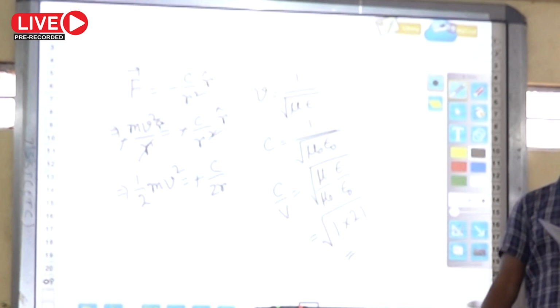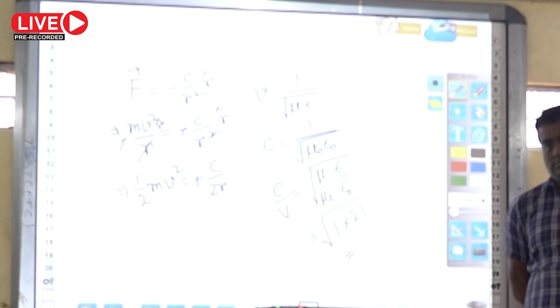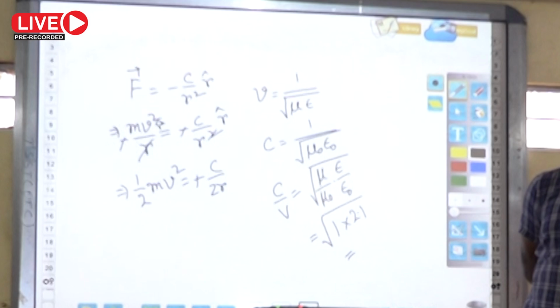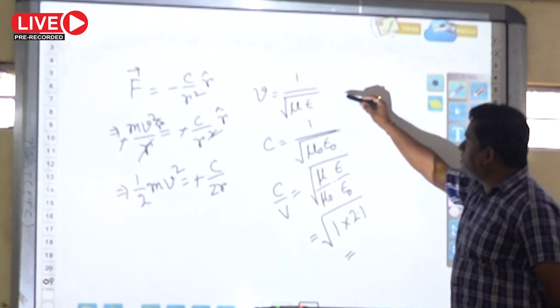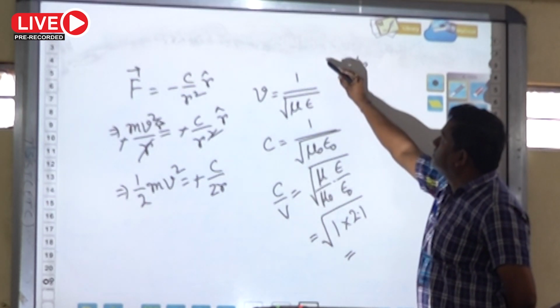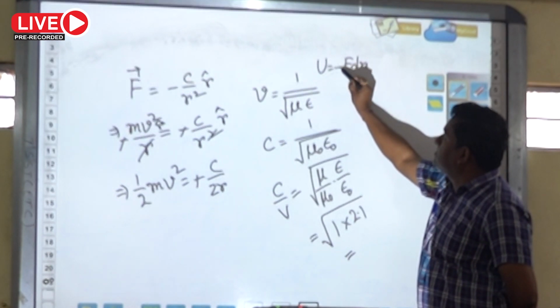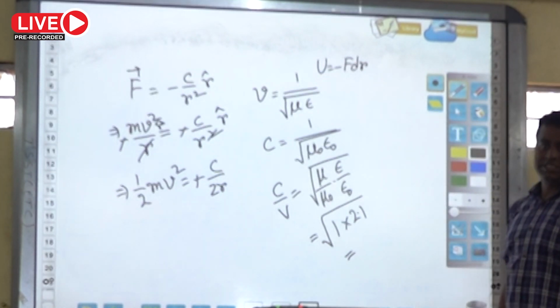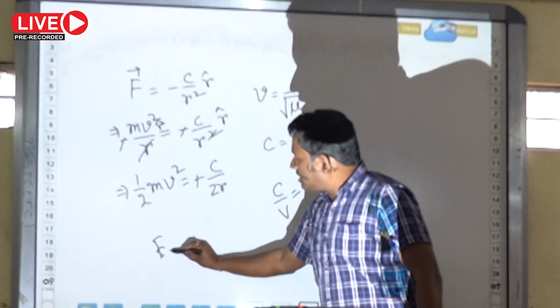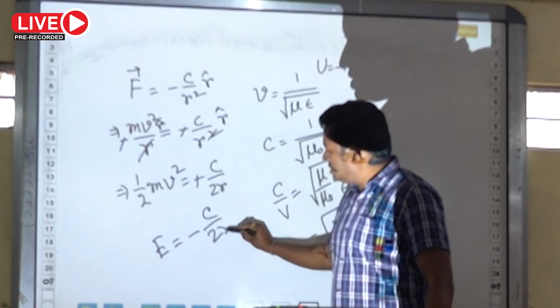For that, potential energy is also required. Potential energy you can calculate through this, that is F dr. From this you can calculate the potential energy and then add kinetic energy and potential energy, then total energy E will become negative, that is minus C by 2r.